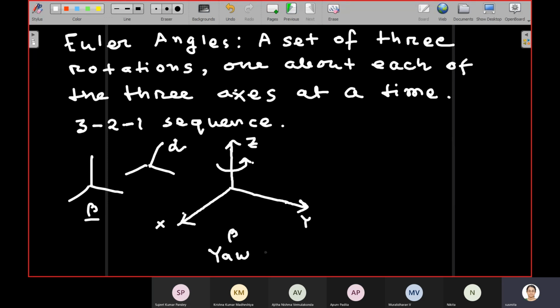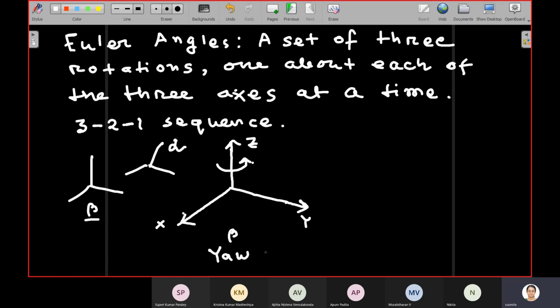How do you define positive rotation? We curl the fingers of the right hand about the axis of interest, in this case the Z axis, such that the thumb points along the positive axis. So if you point the thumb along the positive Z axis and curl the other fingers around the axis, the direction of the curl will tell you the direction of the positive rotation.